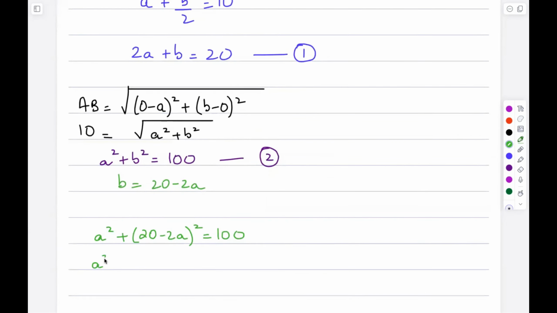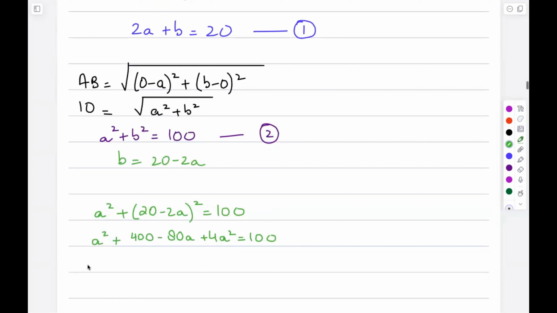Expanding this will become a squared plus 400 minus, so 20 times 2 is 40, 40 times 2 will become 80a, plus 4a squared equals 100. So a squared plus 4a squared will become 5a squared. This is minus 80a, and 400 minus 100 will become plus 300 equals 0.